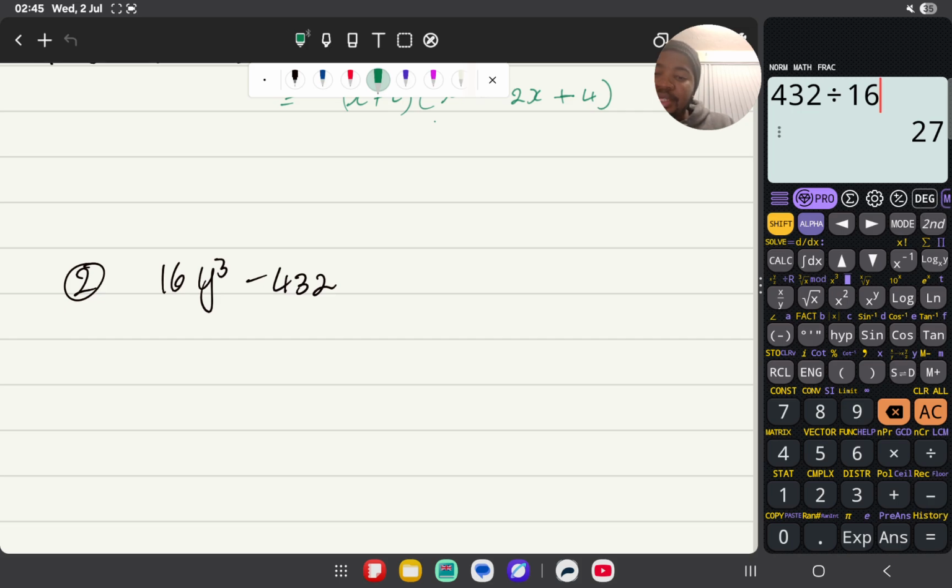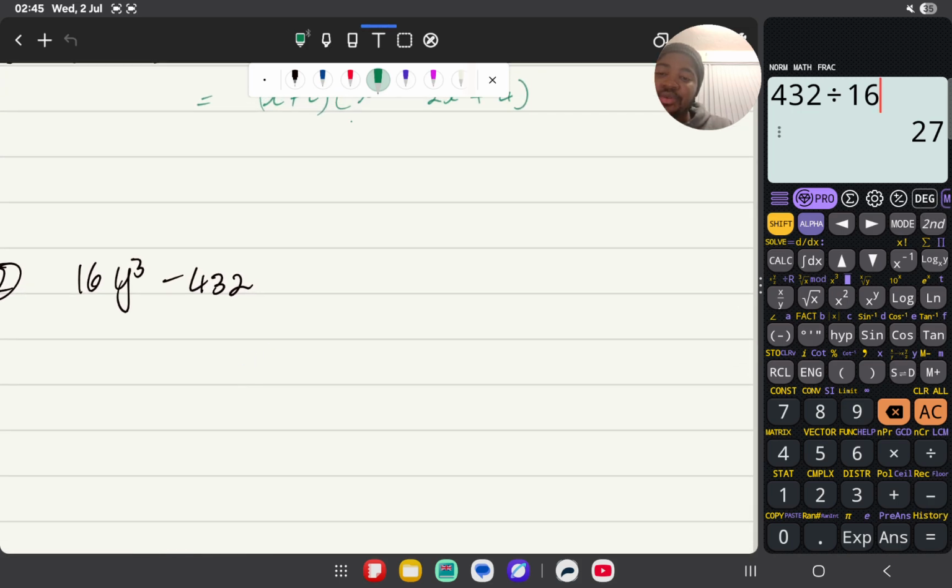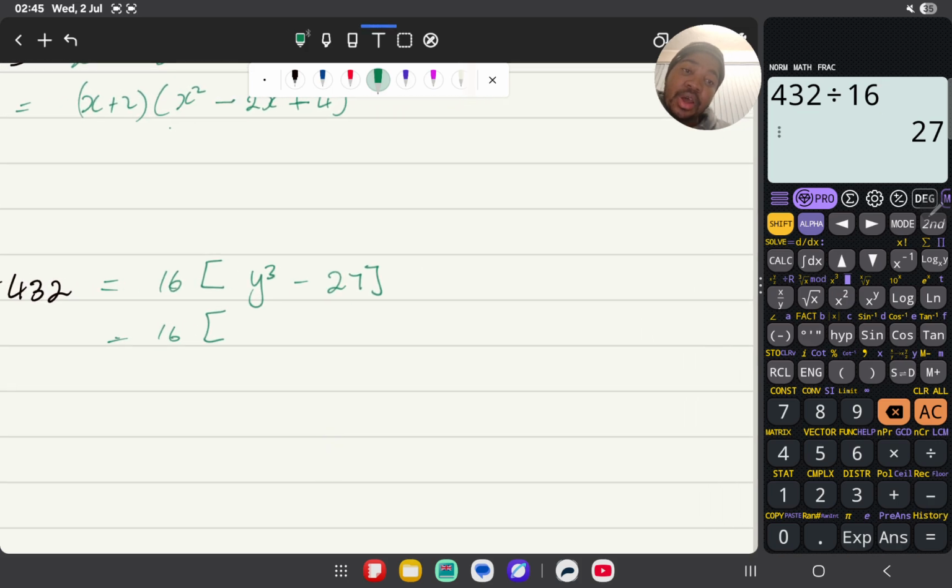So the first thing you will do is say this is the same as 16 times y to the power of 3 minus 27. Now what you have there is highly doable. You have minus 3 to the power of 3.